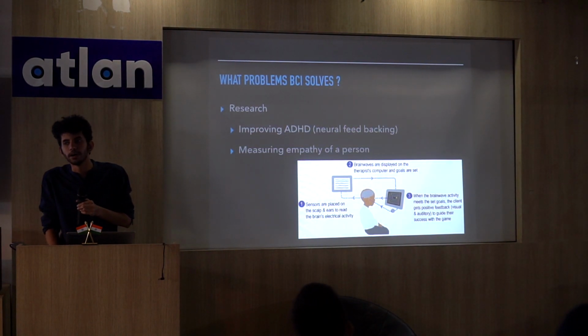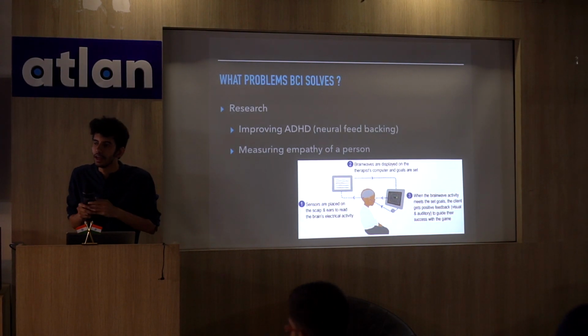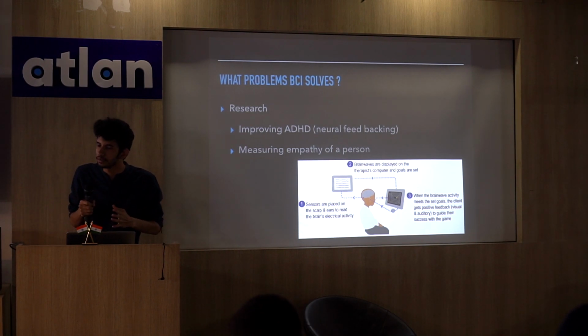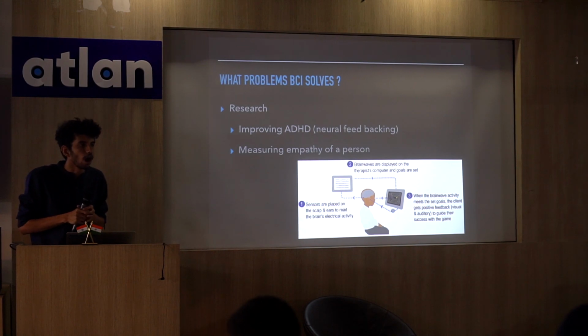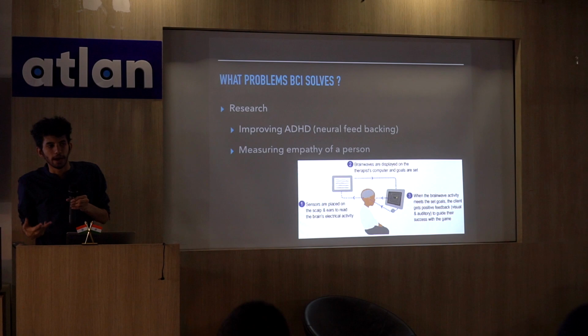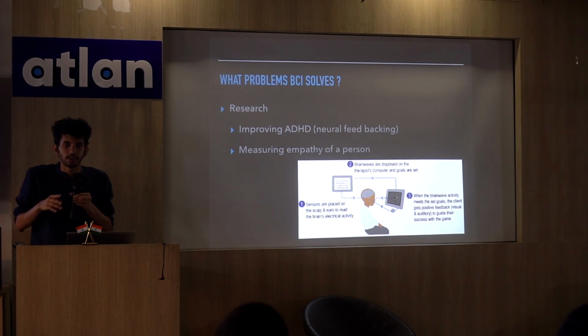Now, the research part. Everyone, I hope, has heard of ADHD, which is extremely low focus and hyper deviation from things. How is BCI able to help with that? As I mentioned, neural feedback, coming back to the example where you go to Netflix and relax.